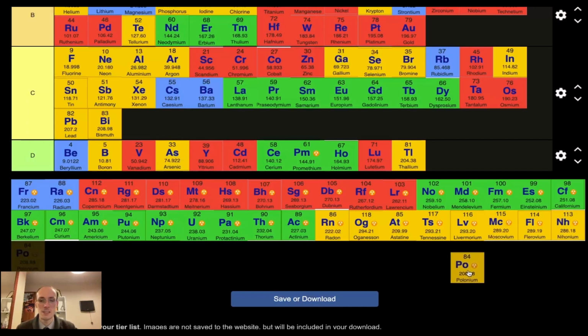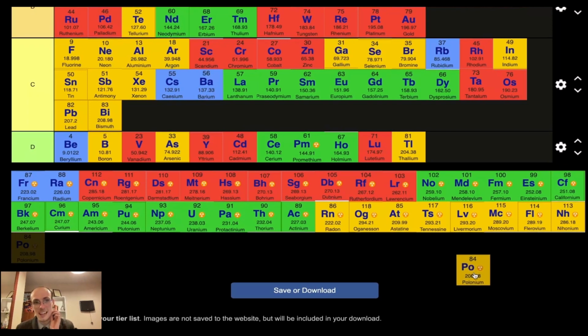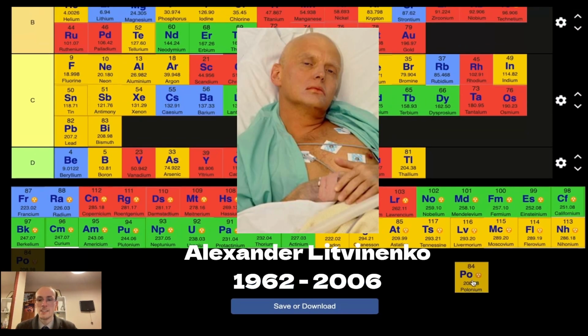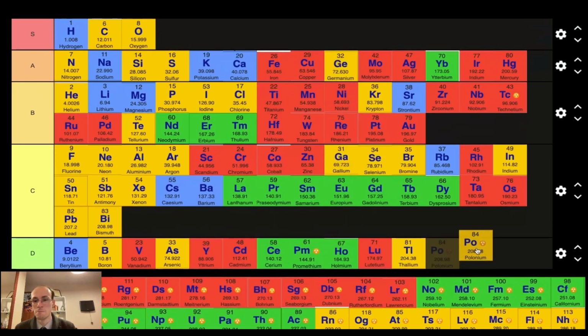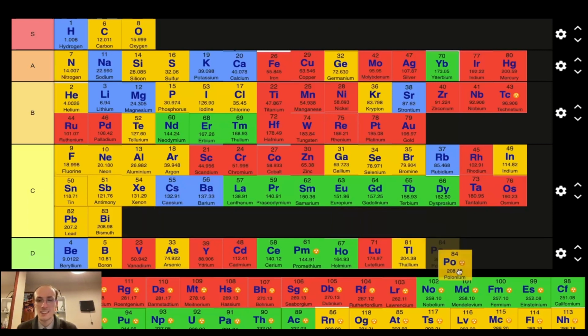Probably the most famous thing people associate with polonium was used to poison Alexander Litvinenko all those years ago, which is interesting because polonium-210 is also found in tobacco, and that's been known since the 1960s, and yet people still smoke. It's a major contributor to the causes of lung cancer, polonium in tobacco. So for that reason, and the fact that it poisoned a man, it can go in group D.